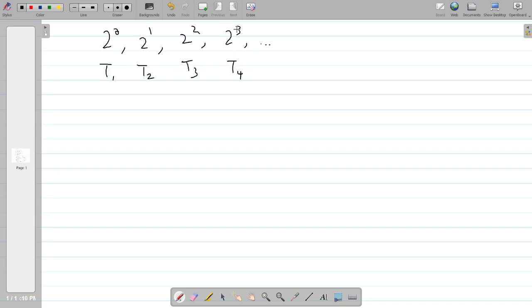You notice that the power here is always 1 less than the actual term. So in general, we can say that the Tn for the sequence is going to be 2 to the n minus 1, because it's going to be 1 less than the actual term itself. And that's going to be the general formula, or general term, for this sequence.